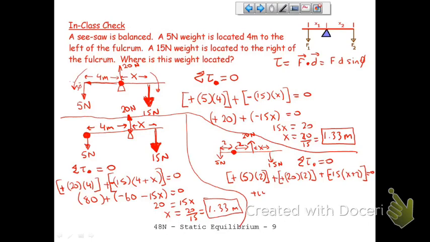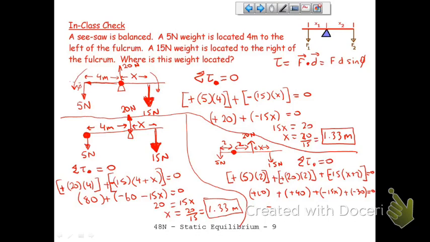So plus 10, added to plus 40, added to minus 15x, added to minus 30 is equal to 0.